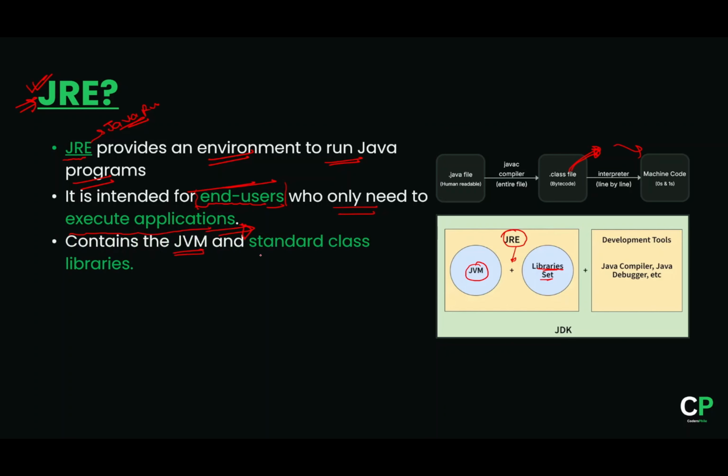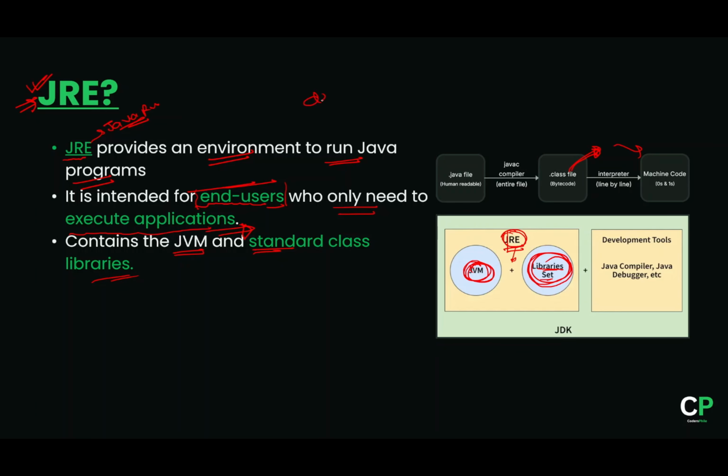It contains the JVM and the standard class libraries. So JRE is JVM plus the standard library set. It provides a runtime environment for executing the Java application, and it is only intended for the end user who only needs to execute the applications.